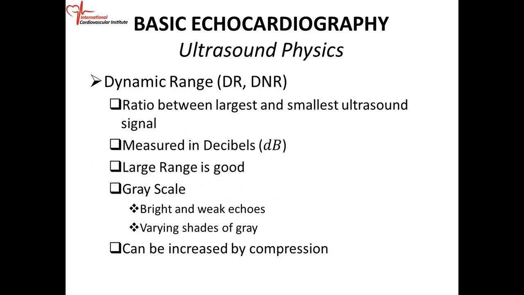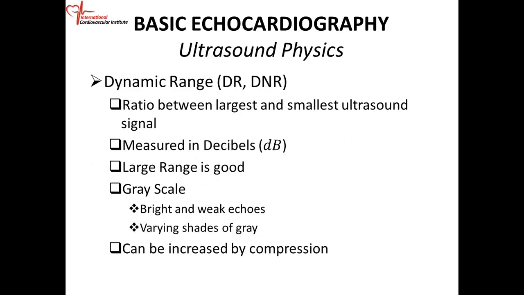When you do your ultrasound, you have to have your sweep speed, either 50 frames per second or 100 frames per second. And as we have shown you with the mathematics, you can increase your temporal resolution by decreasing the sweep speed, decreasing the depth, or decreasing the scan angle.